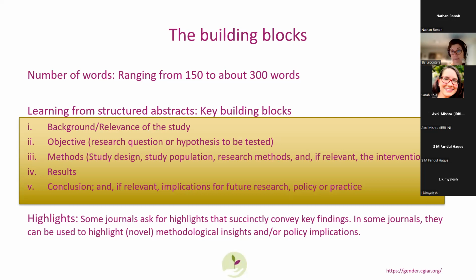Three, your methods, where you can give more detail on the study design, the study population, your research methods. If you're doing an impact assessment, maybe also briefly talk about the intervention. Then four, your results, and five, a conclusion. And then if relevant, you can also elaborate a little bit on implications for future research, policy, or practice.